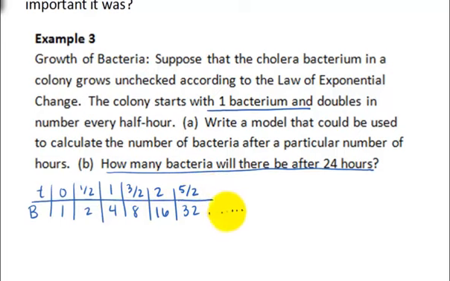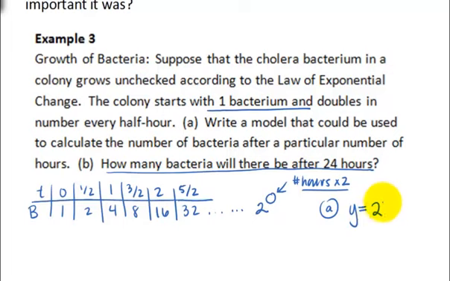And if you look at this, basically, this is 2 to a power, and the power here is the number of hours times 2, because the bacteria is growing or doubling every half hour. So our equation to represent this, or our answer to part A, could be y equals 2 to the 2t, where t is the number of hours.